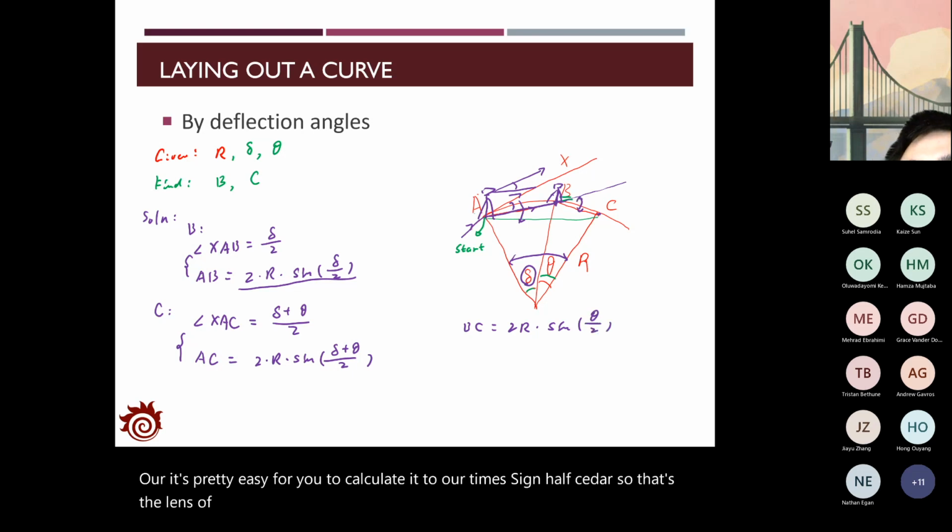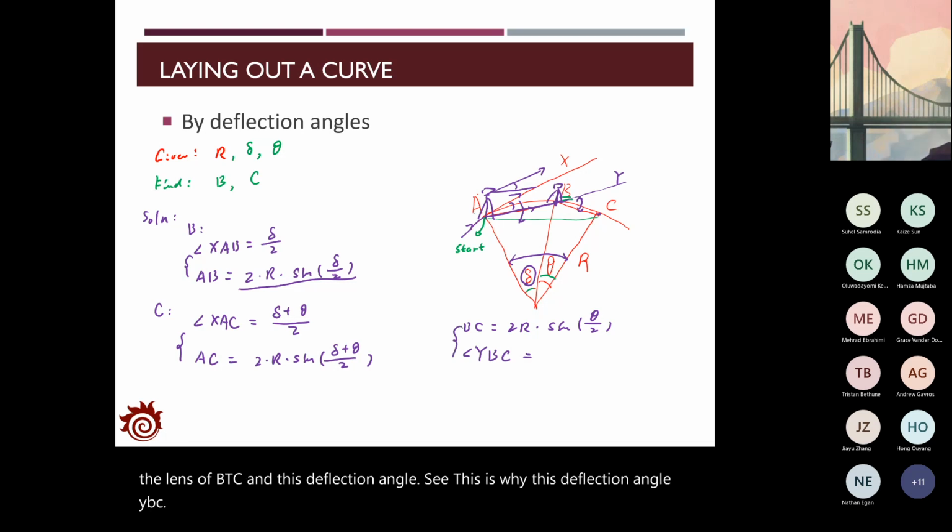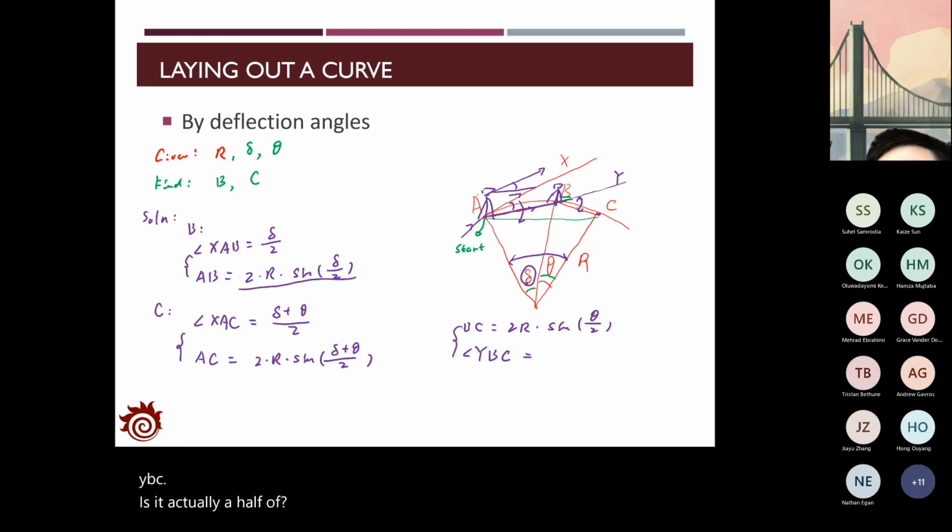And this deflection angle, say this is Y. This deflection angle, YBC, is actually half of theta plus delta divided by 2.